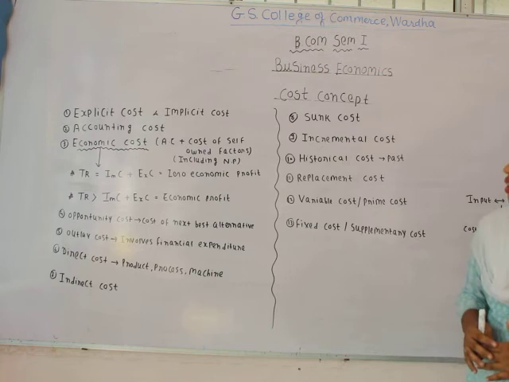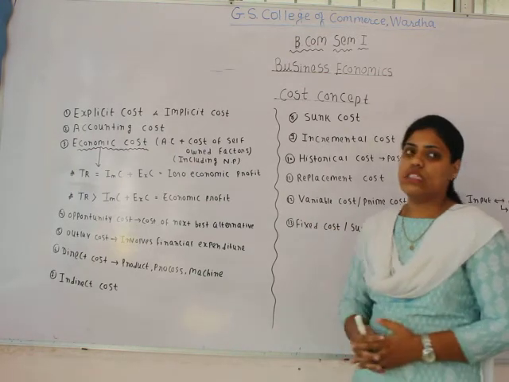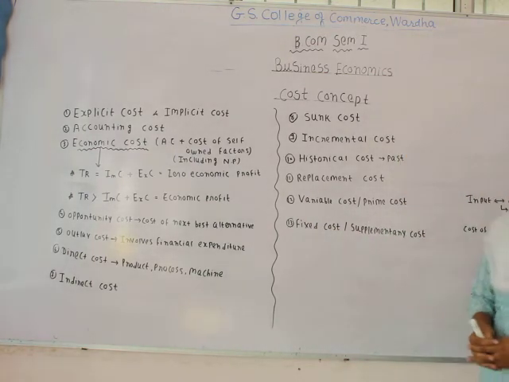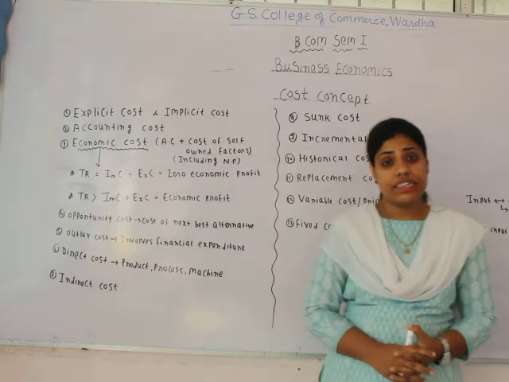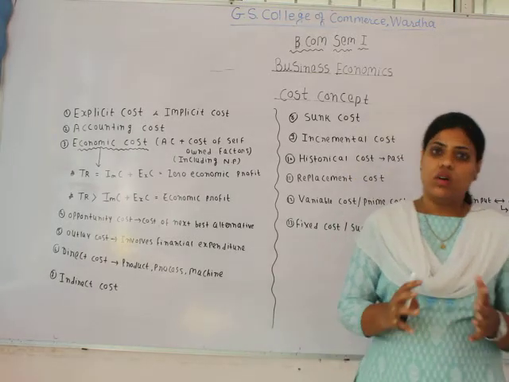Okay. The next one is accounting cost. Accounting cost is basically similar to the explicit cost. It's actually the cost which are recorded in the books of accounts.